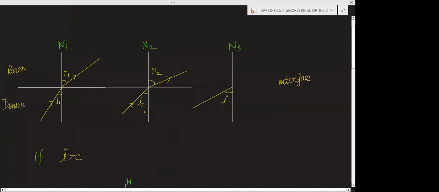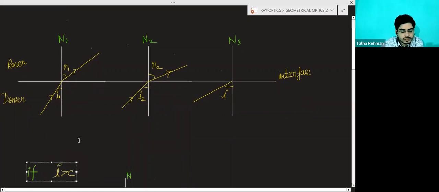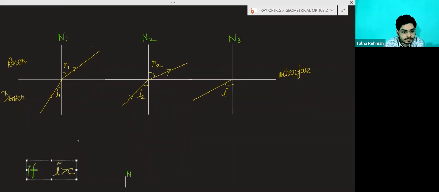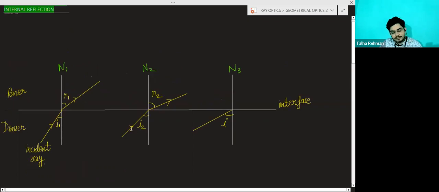This is the incident ray, meaning the ray is going from denser to rarer, and this is the normal. After that, you increase the angle of incidence, and the angle of refraction increases.